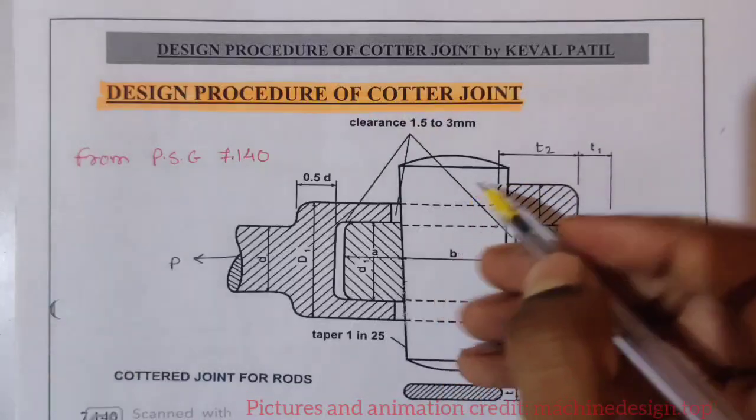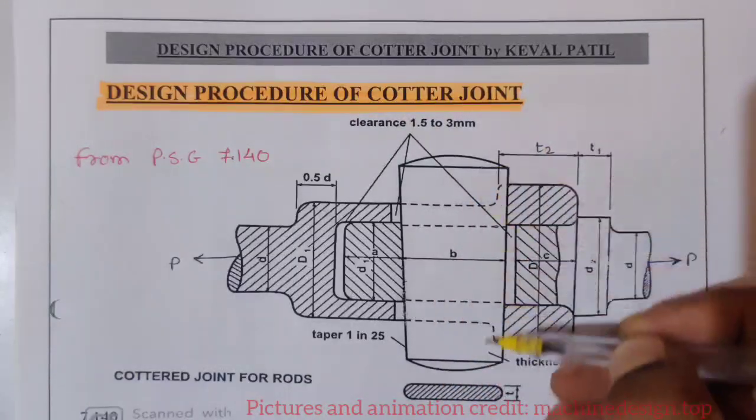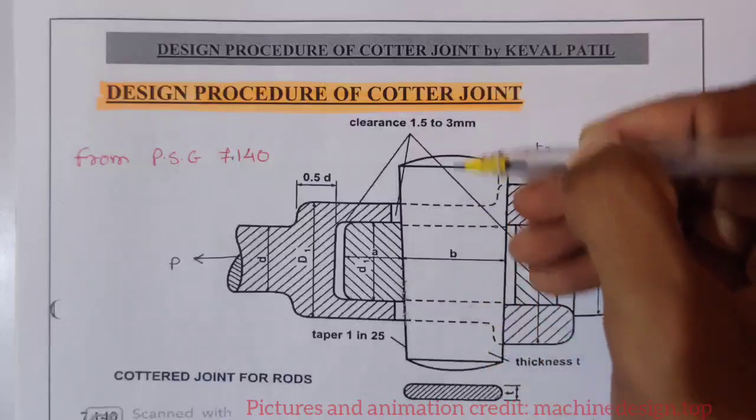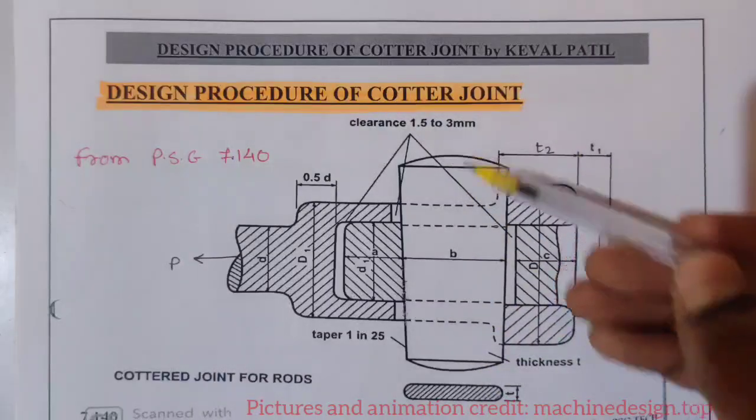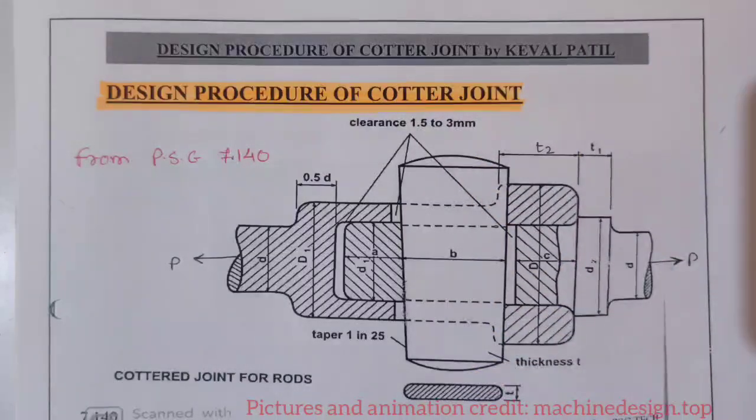It is not mentioned over there, but length of the Cotter is from here to here. So these are the dimensions in the assembly of socket and spigot type Cotter joint.